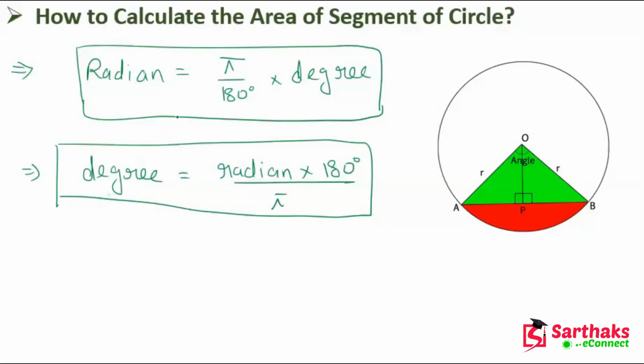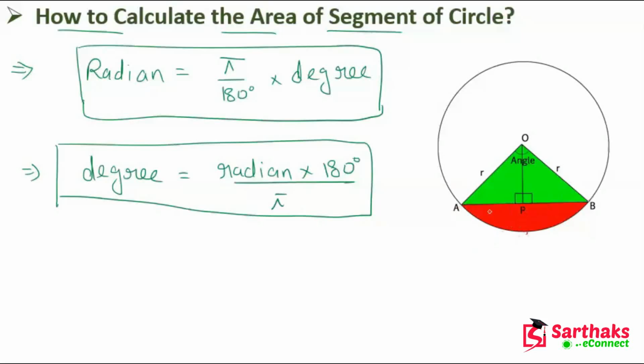Now let's come to the main topic, how to calculate the area of a segment of a circle. We have a circle, and we have a sector OAOB, and a segment AB through this arc.